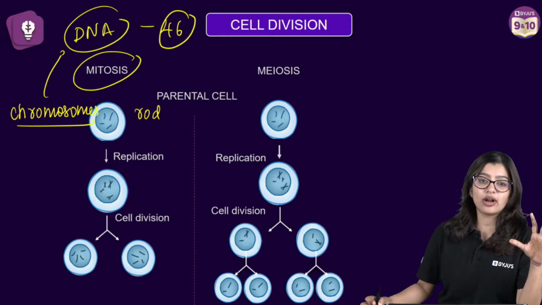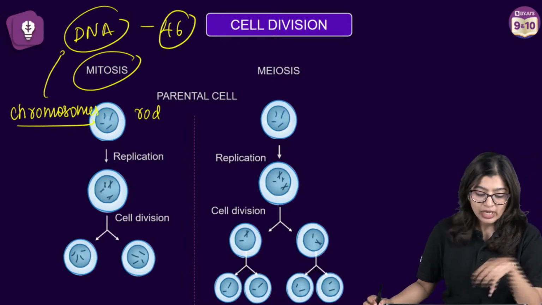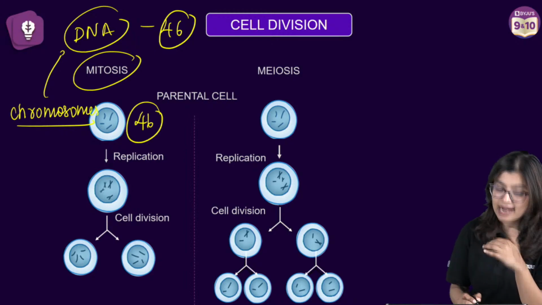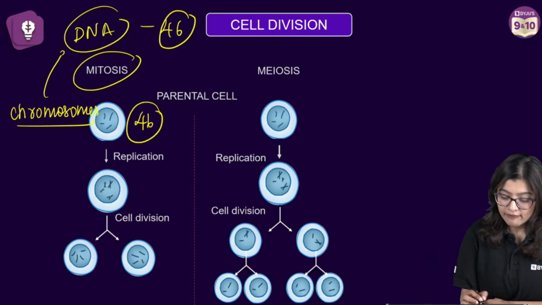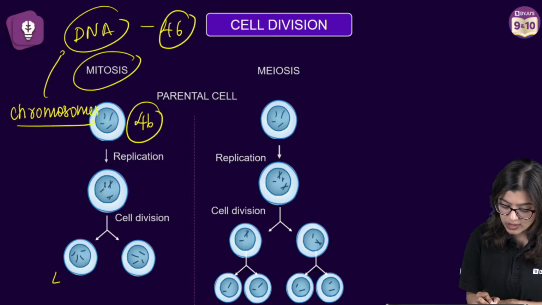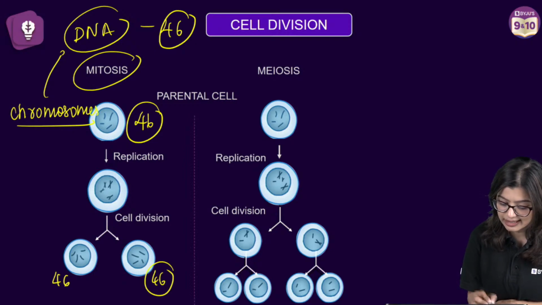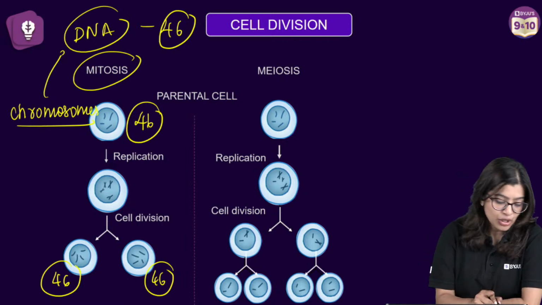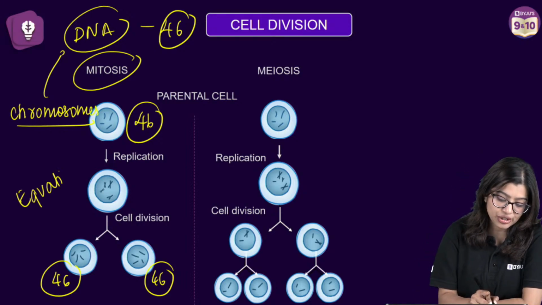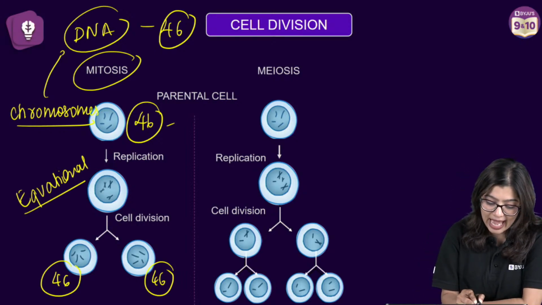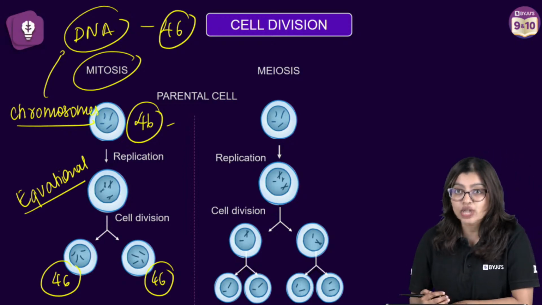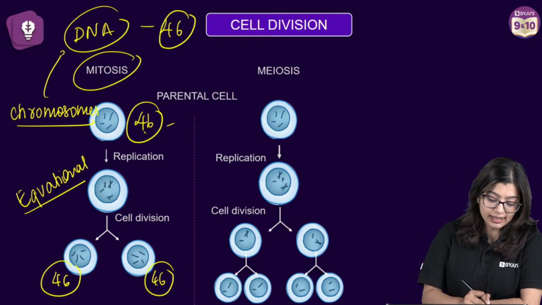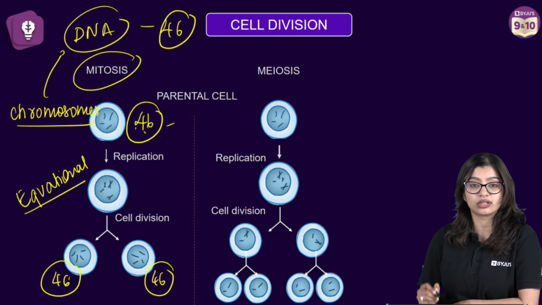During mitosis, this is a type of division where all these 46 chromosomes are copied onto the daughter cells also. So the number of chromosomes is maintained, right? We call this an equational division, where the parent cell will undergo changes and divide in such a way that it has copied the information onto the daughter cells.